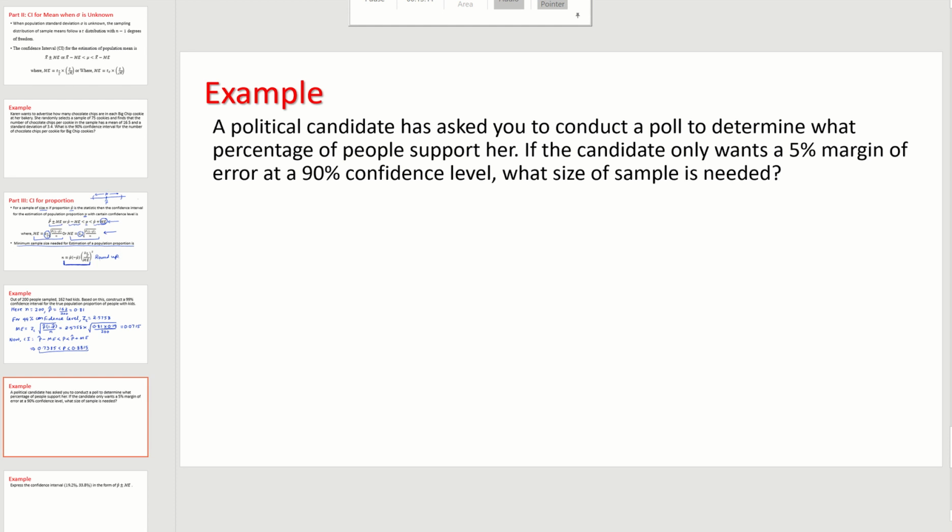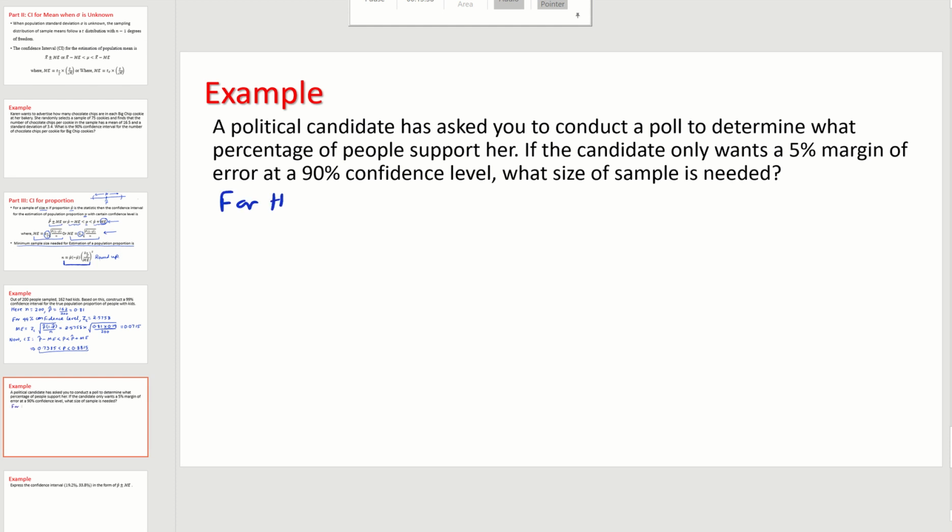So here we are talking about the politician being supported. For the politician to be supported, those in favor of her must be more than 50%. So for the proportion of people to support her, P hat must be at least 51%. So let me write that first.